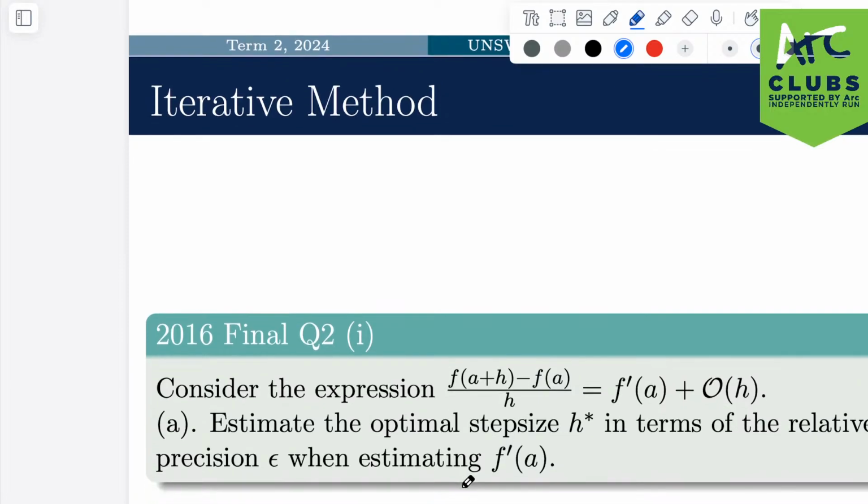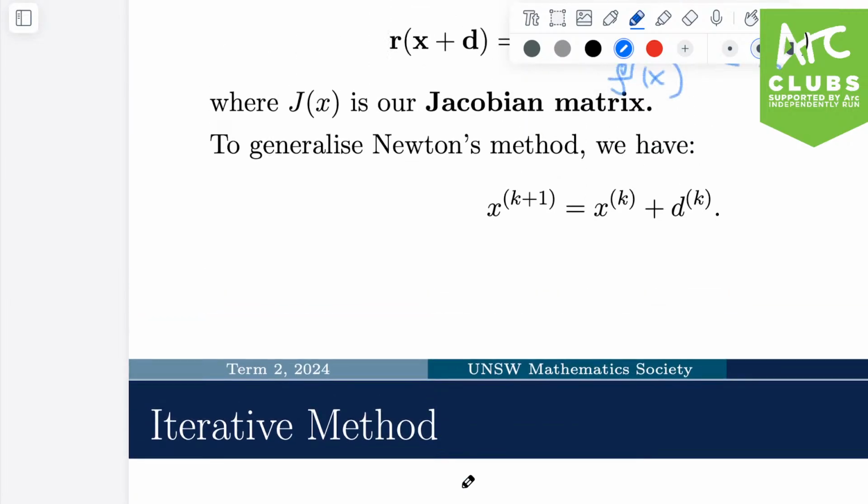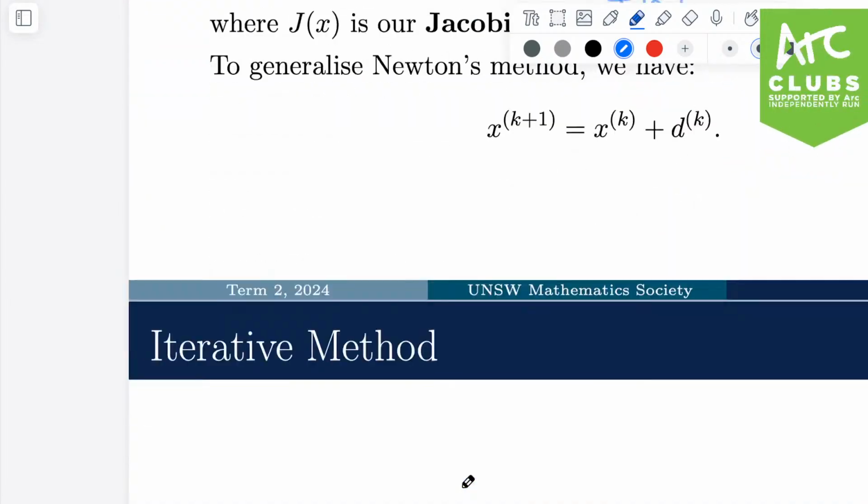So I didn't talk about the optimal step size as a slide, but I chose a question on the optimal step size. I'm not sure what question they are going to ask if they ask about numerical methods. Maybe they will just ask us to apply Newton's method twice or something. But I guess the formula is quite easy to understand.